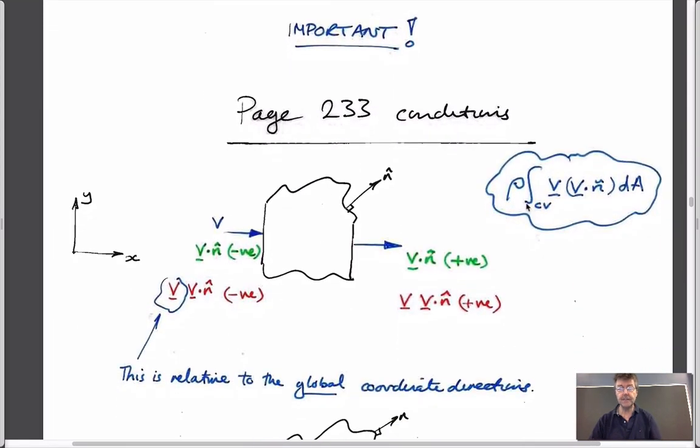It's perhaps easier to rewrite this. So we don't care about the density. Obviously density times velocity is now a velocity squared term.